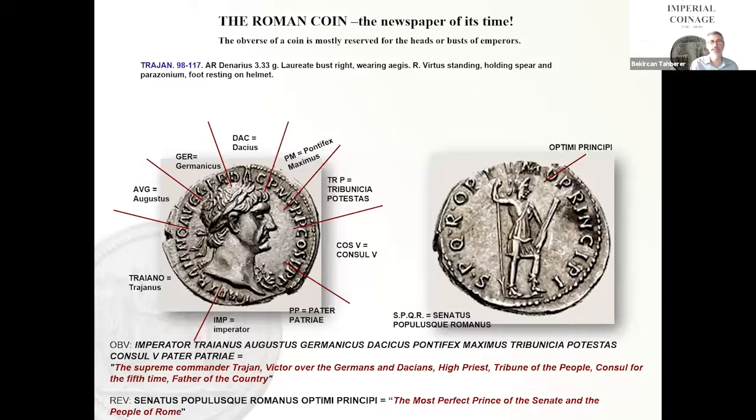The longest title among all the other Roman emperors was that of Trajan's. So here on the obverse, he is the supreme commander, victor over the Germans and Dacians, high priest, tribune of the people, consul for the 5th time, father of the country. And if that is not enough, on the reverse, he simply says, the most perfect prince of the Senate and the people of Rome. You cannot top that.